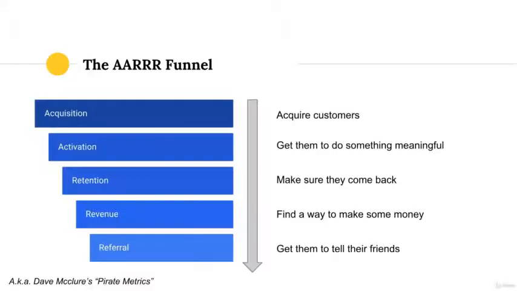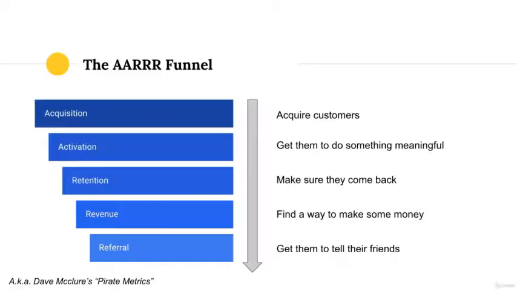A more modern interpretation of the marketing funnel is the AARRR funnel developed by tech investor Dave McClure, also known as Pirate Metrics. This funnel is a little bit different because it's breaking down the growth of your business.